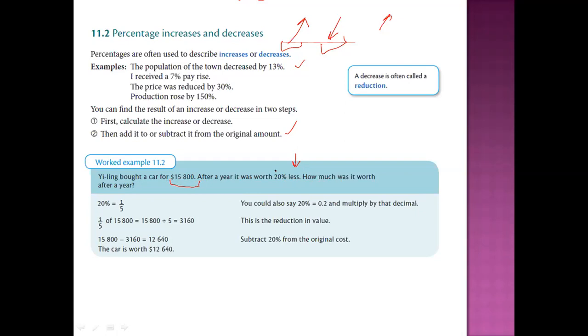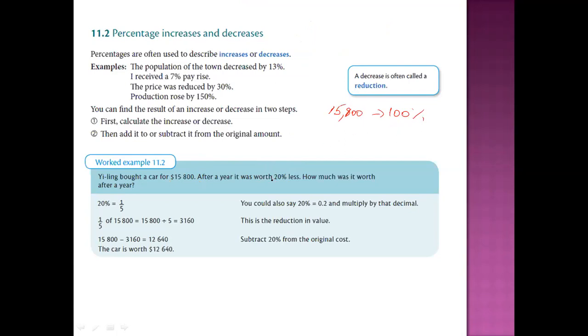First of all, we need to find the 20% of the original price, $15,800. Let's do it here. If you remember, you have a cross production. Our price is $15,800, and the whole number is equal to 100%.